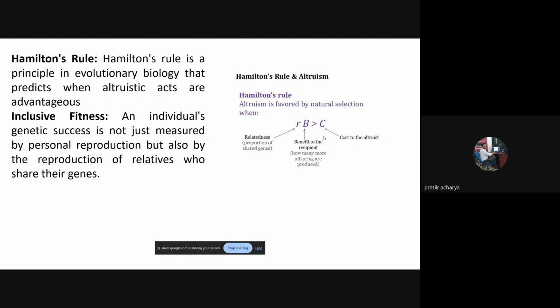Another important part is inclusive fitness. It explains that an individual's genetic success is not just measured by personal reproduction but also by the reproduction of relatives who share its genes. That means we should not be selfish for ourselves; that is not genetic success.